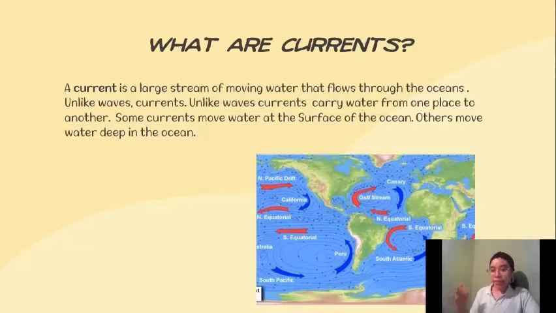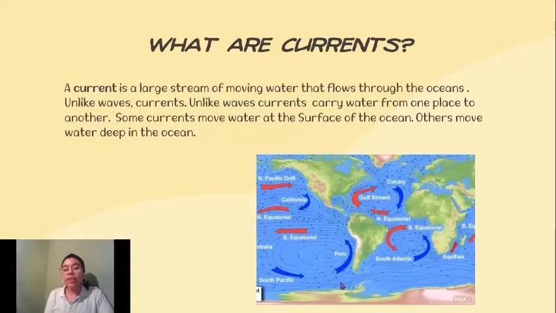This means that the difference between waves and currents is that waves move in the same area, in the same place. But currents move from one place to another. As you can see here, it goes in a pathway, okay? We start here, we go down, and we finish here. And then we return and start again in the same place.